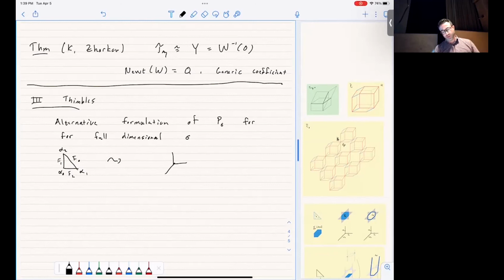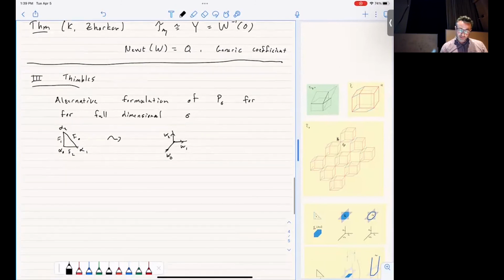And because everything was defined integrally, we can take our primitive vectors here, which are dual. So we'll have W1, W2, and W3, sorry, W naught.